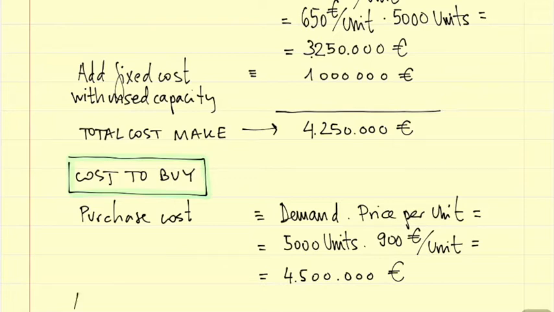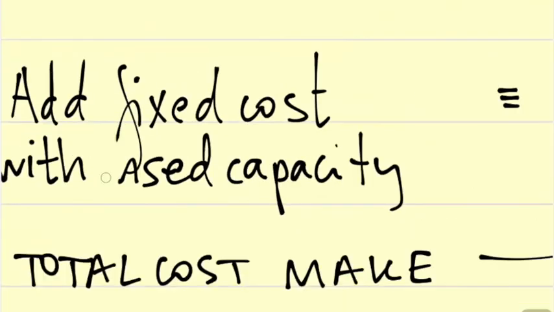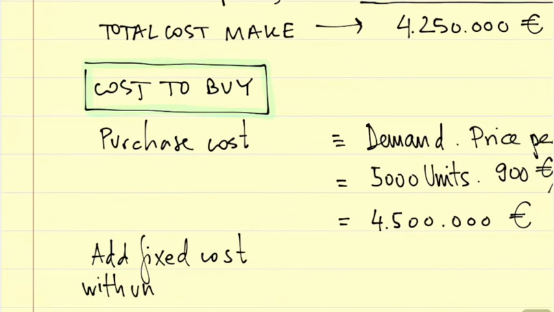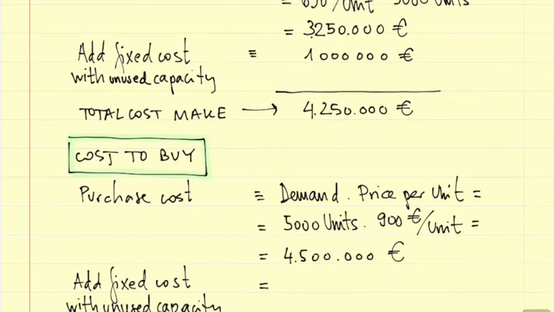So add fixed cost associated with unused capacity. Unused capacity, which is 1 million euro.